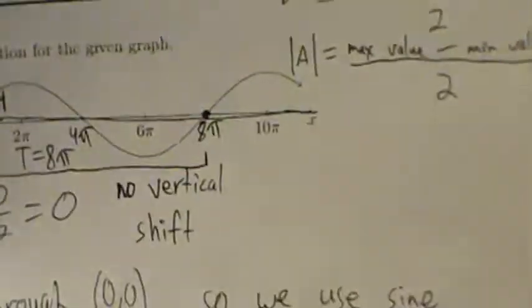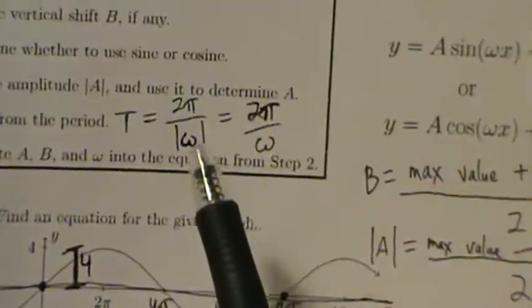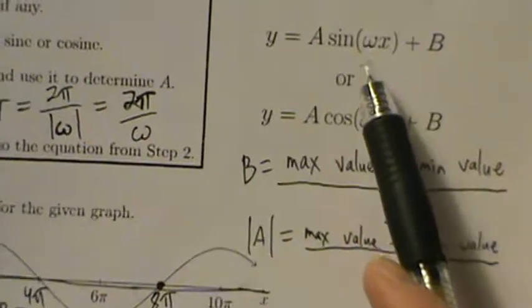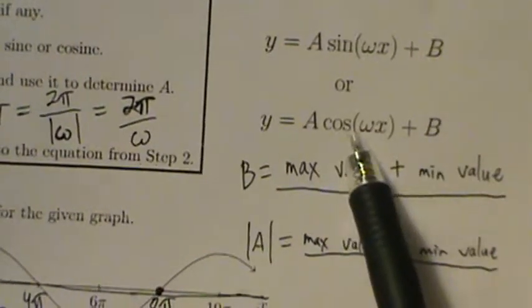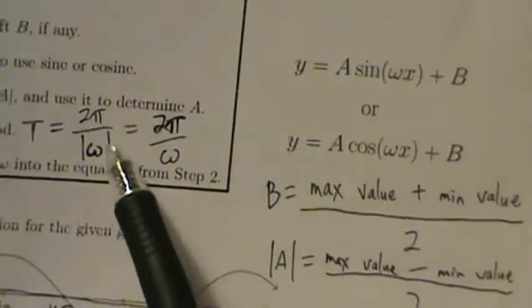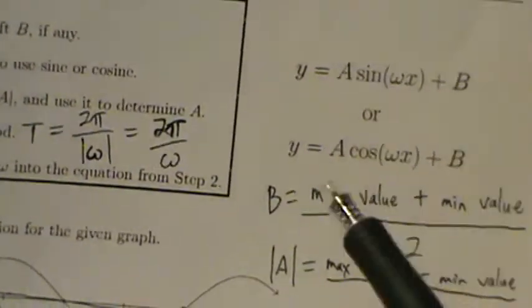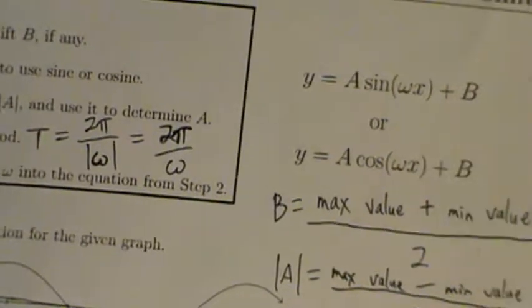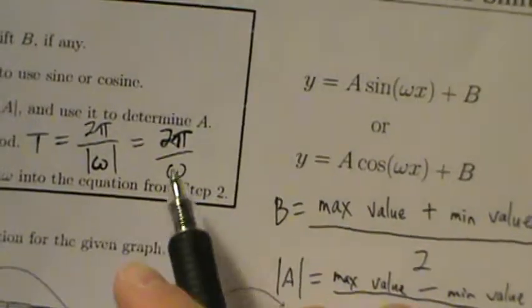You can, if you take omega to be negative, just use even and odd properties. Remember, sine is an odd function, cosine is an even function. So if you take omega to be negative, you can use the odd property and the even property to make omega positive and worry about other stuff otherwise. So anyway, that's why we don't want to mess with that.